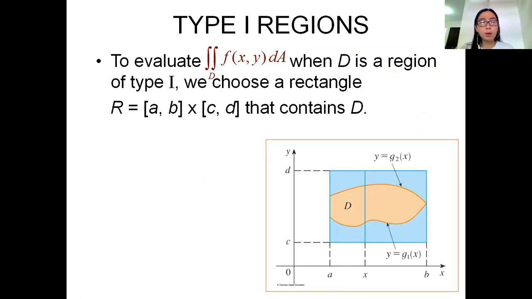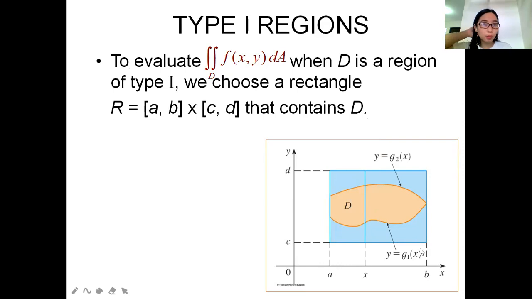So how are we going to evaluate the double integral of f(x, y) dA when D is a region of type 1? We choose a rectangle R. So this is the rectangle.